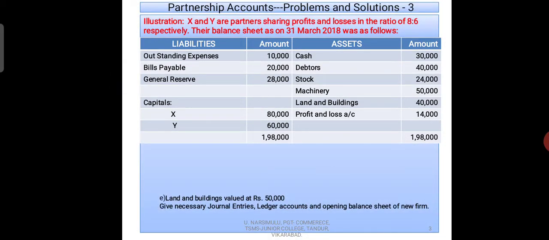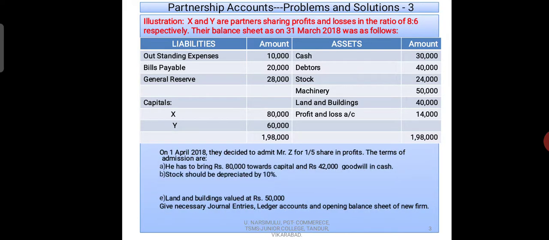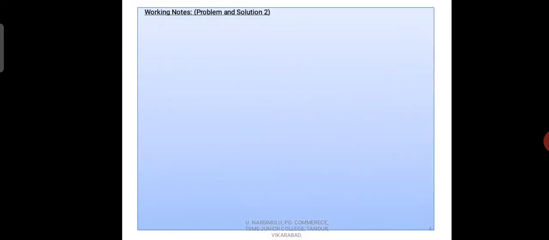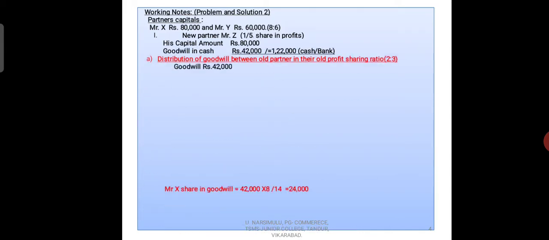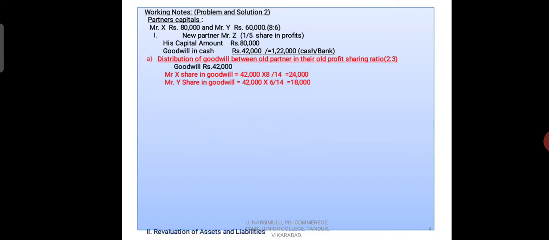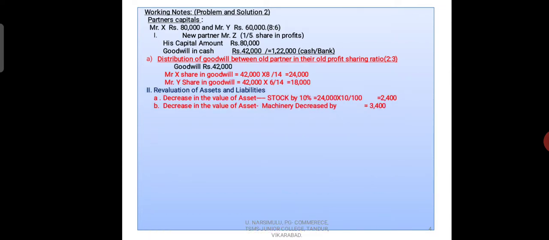See, all the working notes we have done just before are to make you understand what a general reserve is, where it appears, and why we have to distribute it between partners.